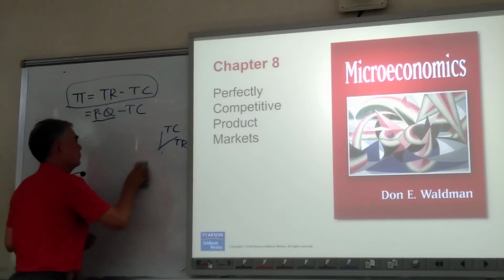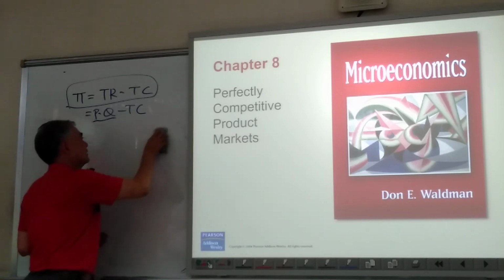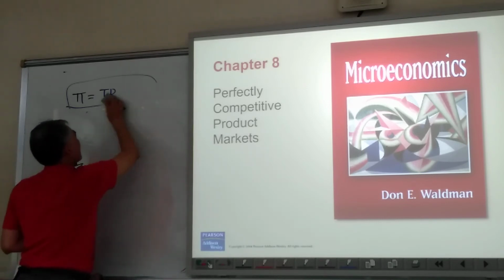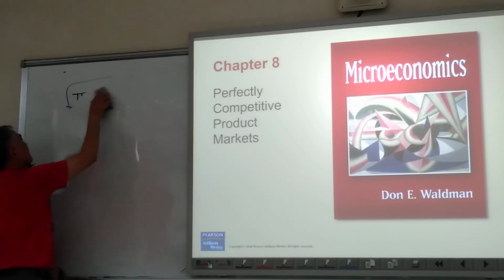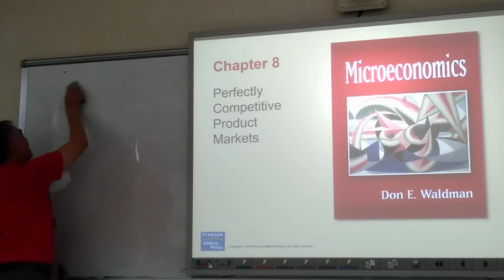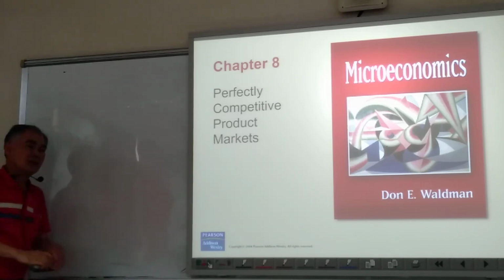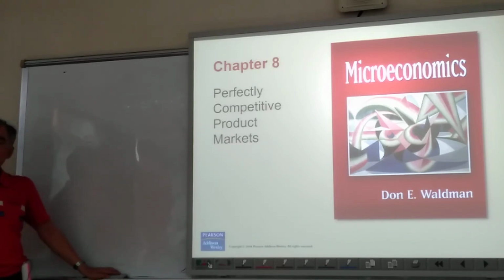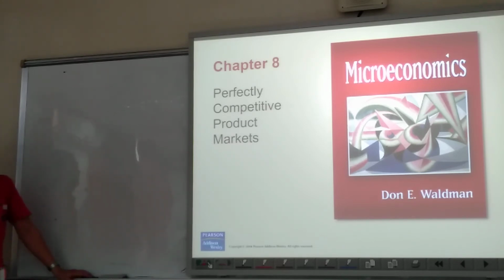And secondly, the products are homogeneous, so the product has the same quality. And then the most important one is that a firm can freely enter or exit the market.